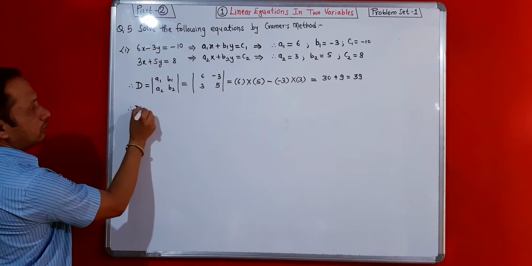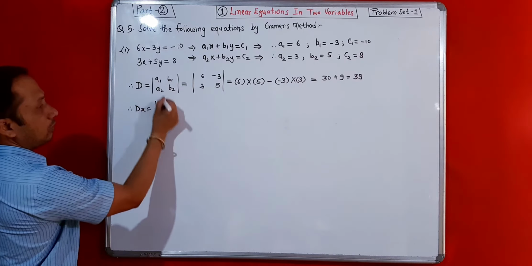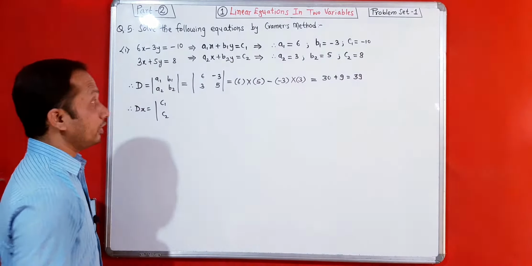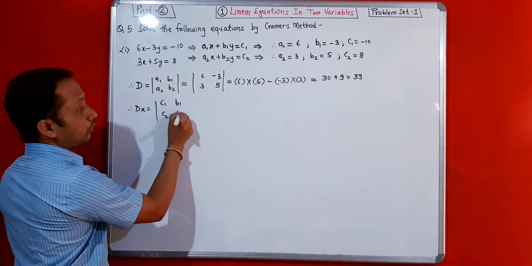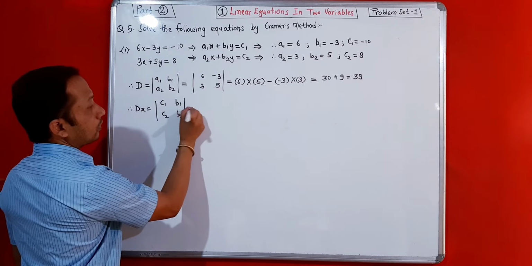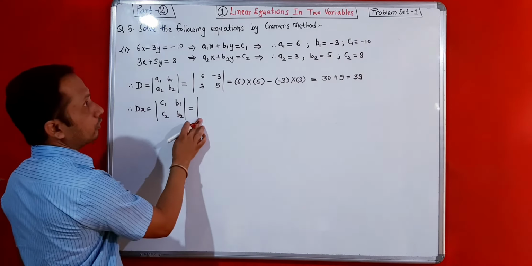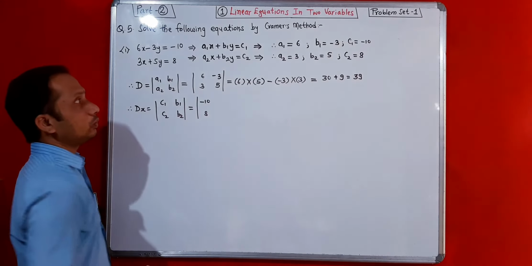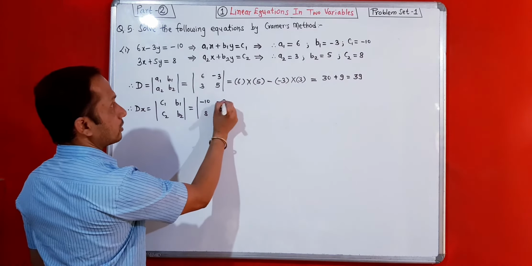Therefore Dx. In Dx we replace a1 a2 by c1 c2, and b1 b2 remains as it is. So what is c1 c2? Minus 10 and 8 is c1 c2, then b1 b2 here is minus 3 and 5.